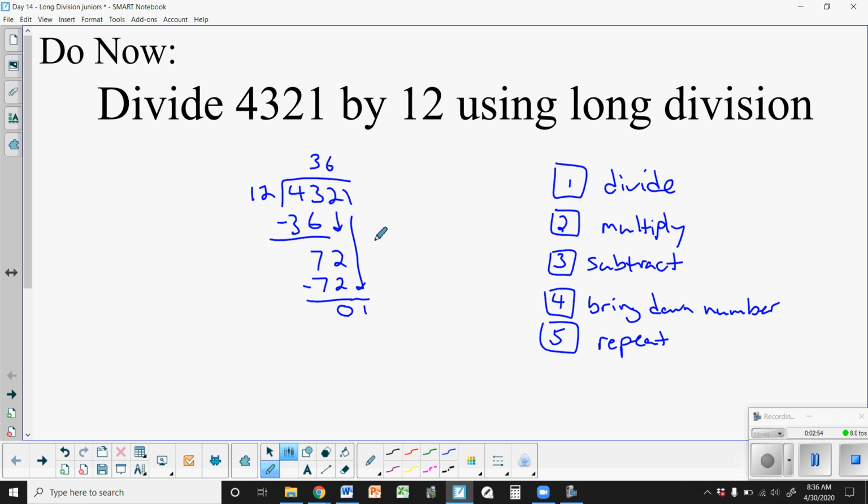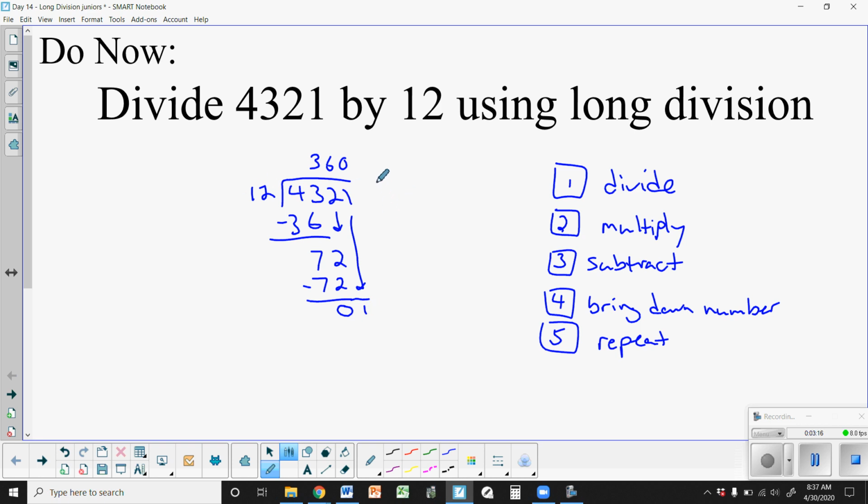We can write a remainder. Since we brought down a number, 1 divided by 12 becomes 0, so we write 0 here. What a remainder means is it's really this number that's left over, 1, and we divide it by 12.